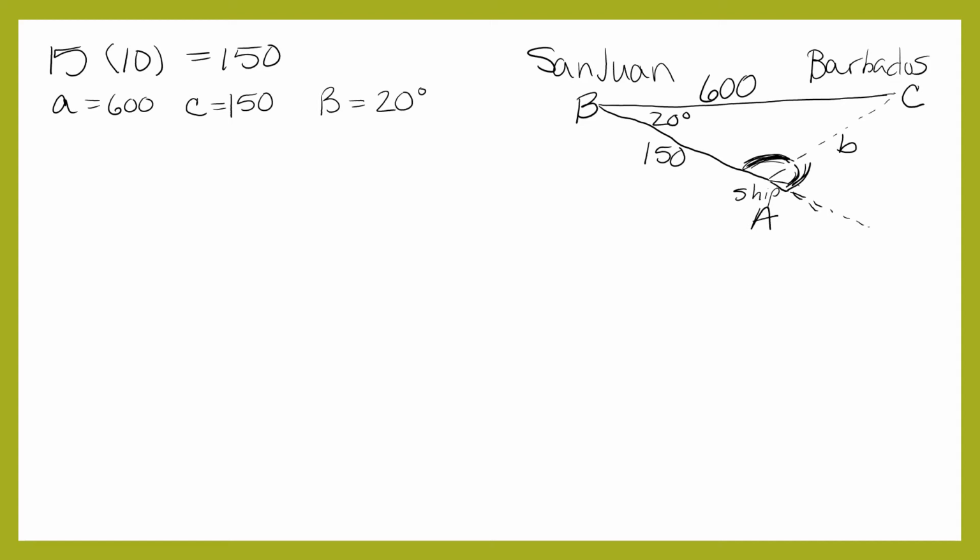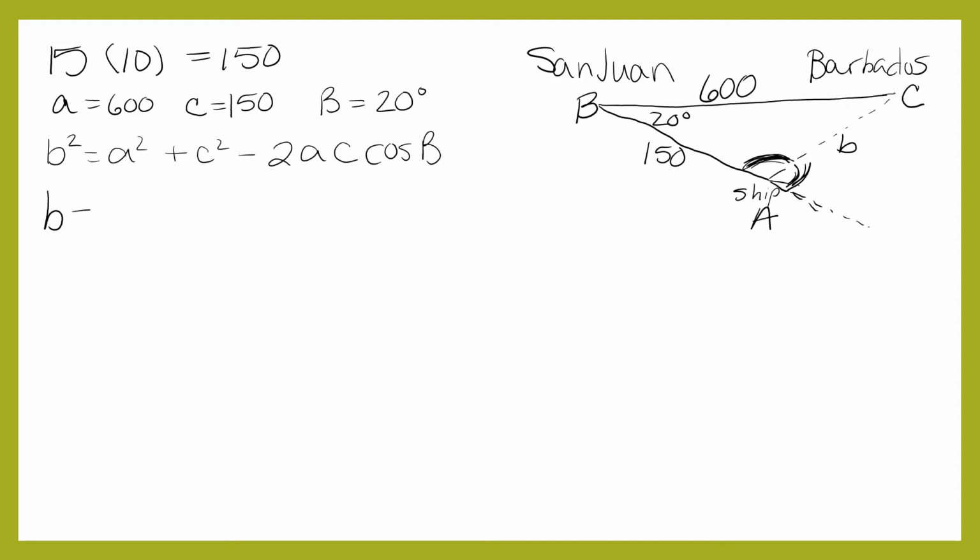I have a side-angle-side triangle, so I can use the law of cosines to find side b. So side b, using the law of cosines, would be b squared equals a squared plus c squared minus 2 times a times c times the cosine of angle B. So b would be the square root of all of this.